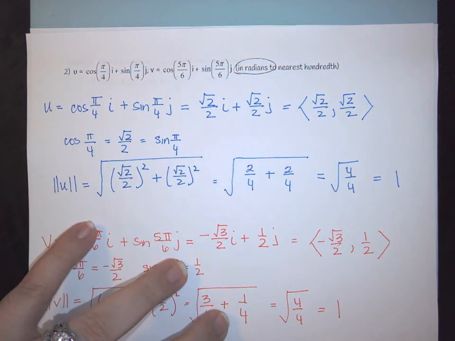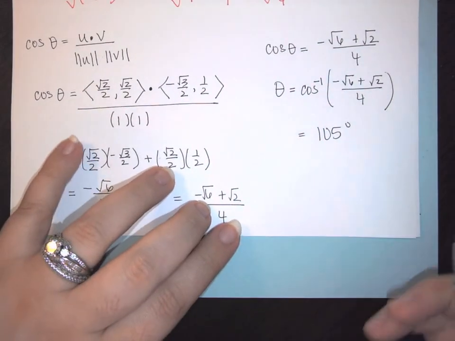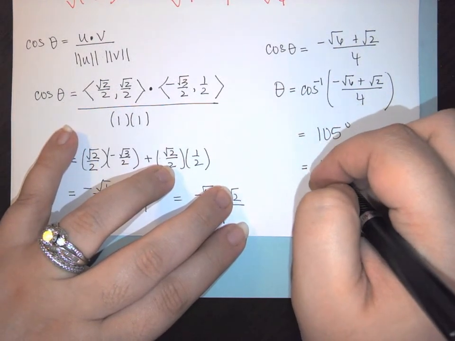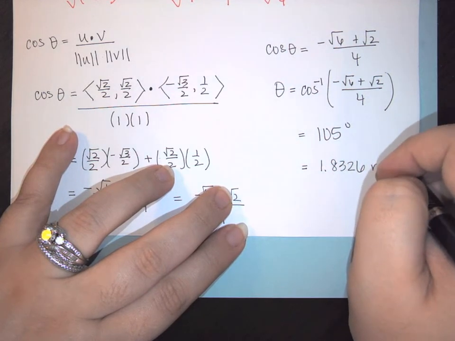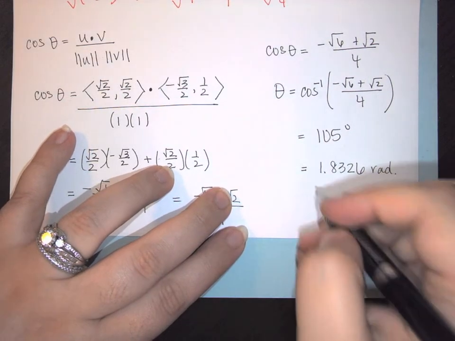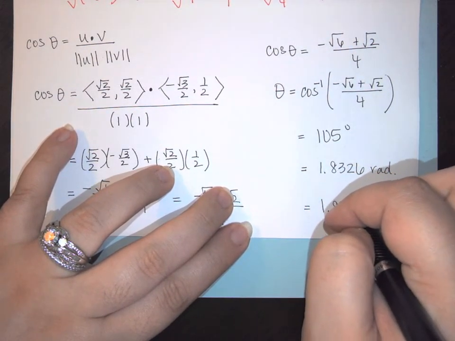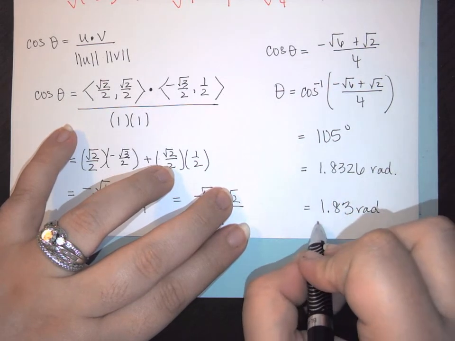So that says I need to convert this over to radians. This is going to be the same thing as 1.8326 radians. Now I want the nearest hundredth. So my actual result is going to be 1.83 radians. And there we go. That is what we needed.